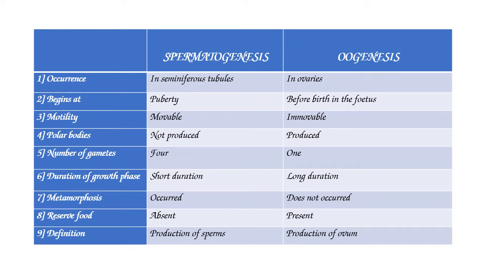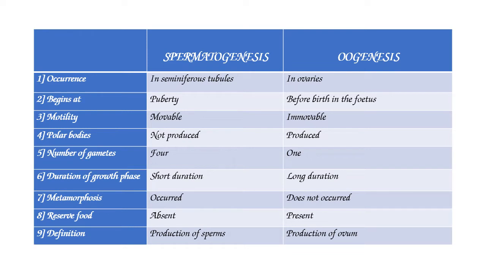Now, the motility of the gametes formed during spermatogenesis and oogenesis. Sperms are movable, whereas the ovum is immovable.